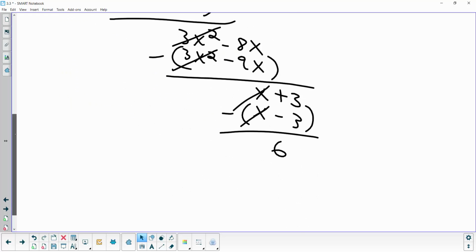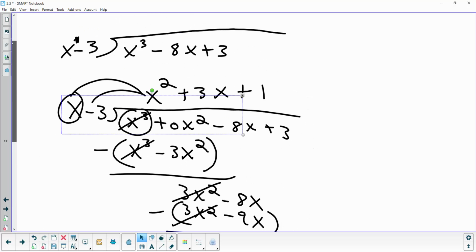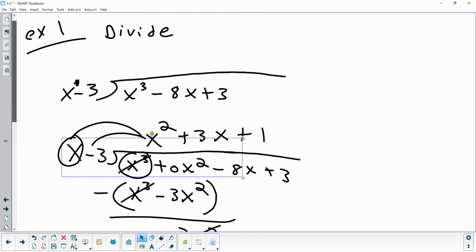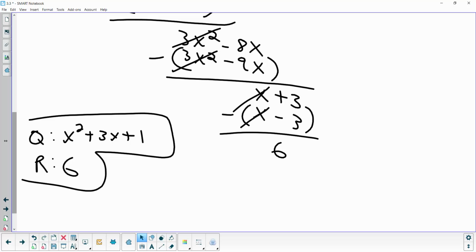So, a couple ways we can write our answer. The quotient is x squared plus 3x plus 1, and the remainder is 6. That's one way. Or you can also write it the same way you would write long division when you learned it in elementary school. Let's take 17 and divide by 5.